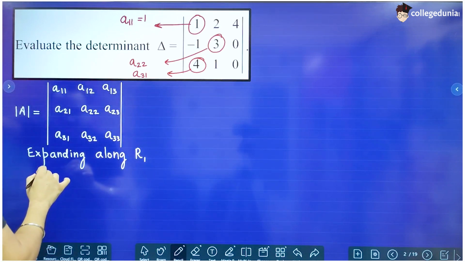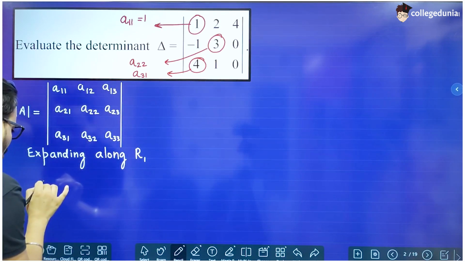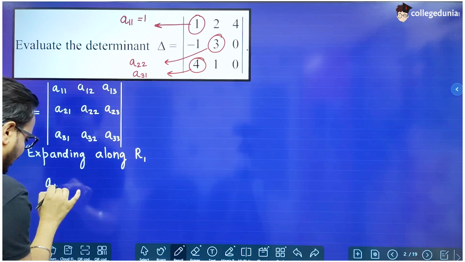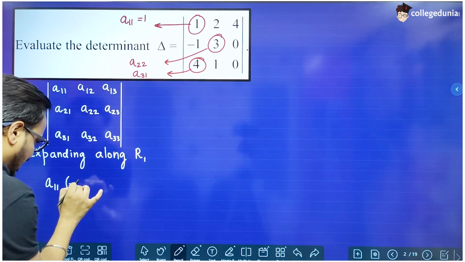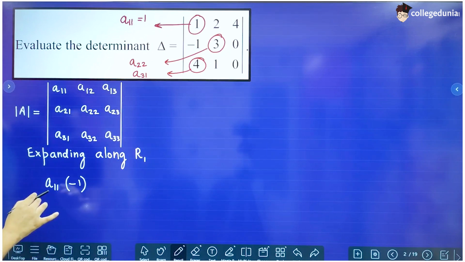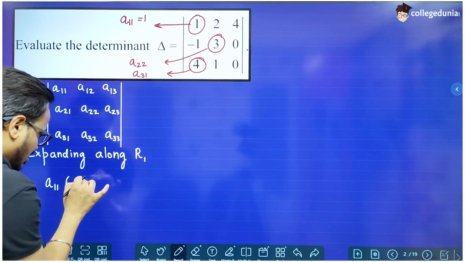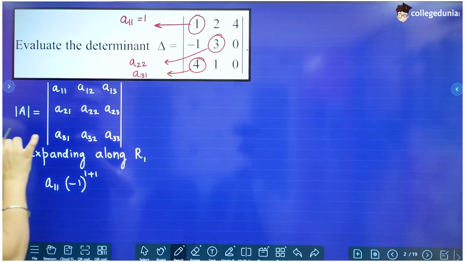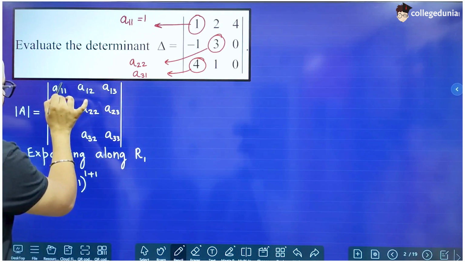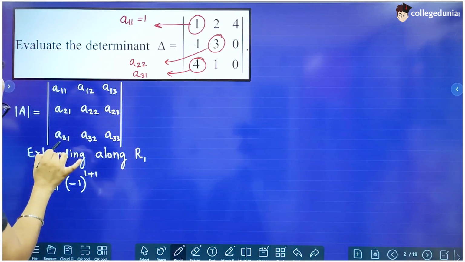R1. So let's first write the first element of R1, that is A11. Then you will write -1 to the power the sum of these indices, 1 plus 1, right? Okay. Then you will leave the row of this element and the column of this element.